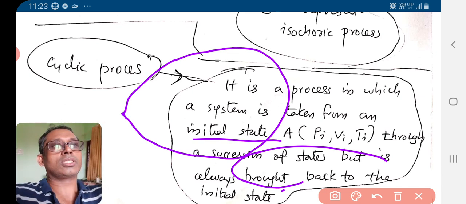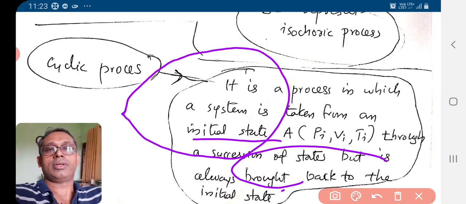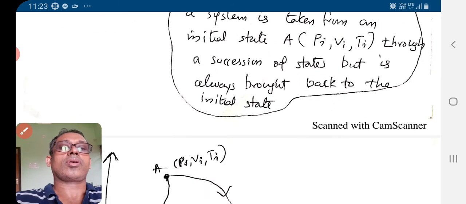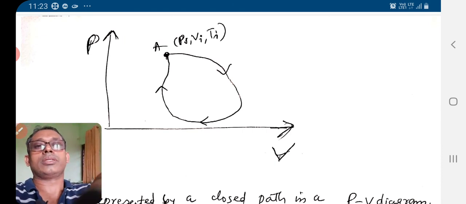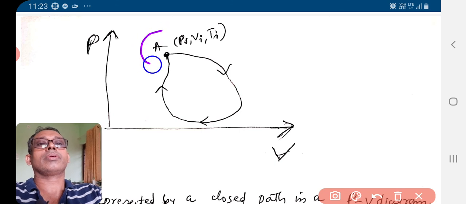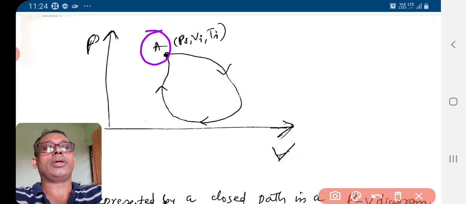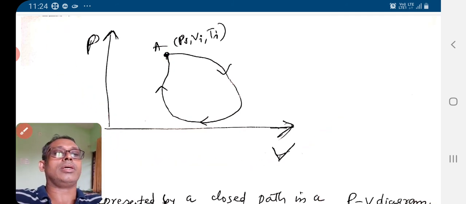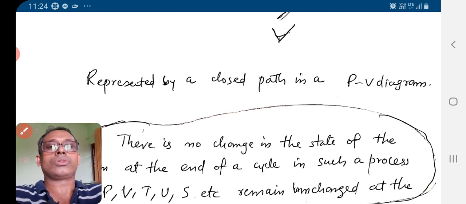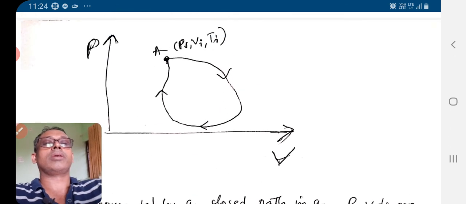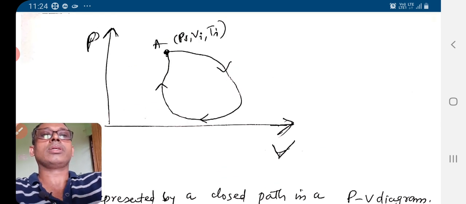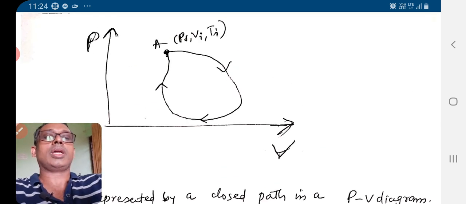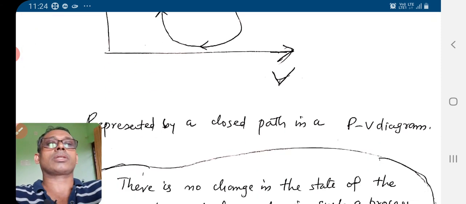In the indicator diagram, you start from the point A, go around and come back to A. So it's represented by a closed path in the PV diagram. Closed means the graph comes back to the initial state.